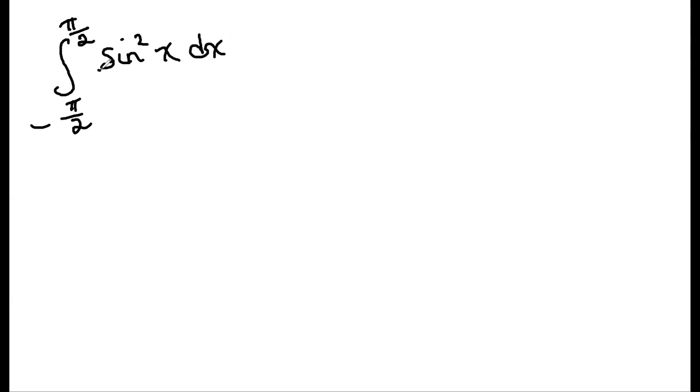Now, just to show you a quick example. Let's just say you have this crazy looking thing. Okay, so right there, negative pi halves to pi halves, sine squared x dx all over 1 plus x to the 6th dx.